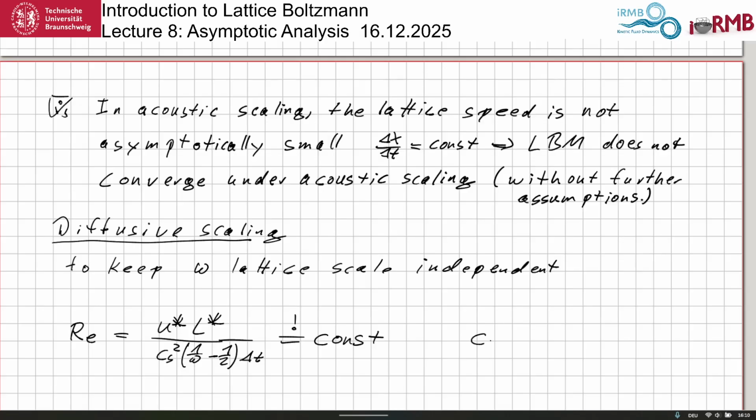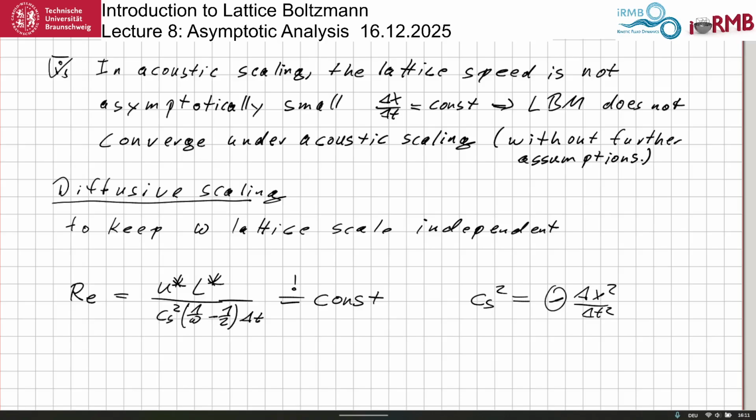And now let us look at the C_s squared. We have already used this last time. The C_s squared is, of course, delta x squared by delta t squared. So these are the units. And here we multiply this with theta, where theta is the numerical value of this, 1 over square root 3.